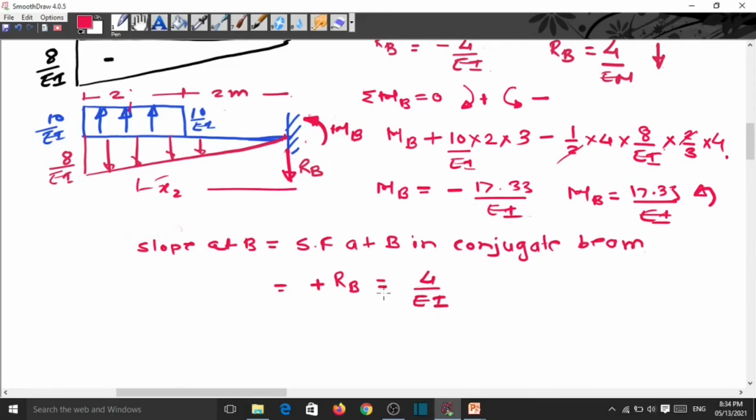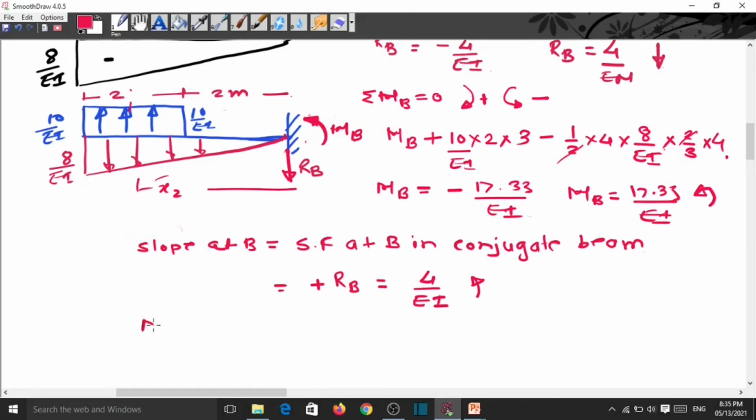It means if the shear force is positive, the slope is anti-clockwise, as we have seen in the sign conventions. If the shear force is positive, this slope is in the anti-clockwise direction. So we got the slope at B, that is 4 by EI.